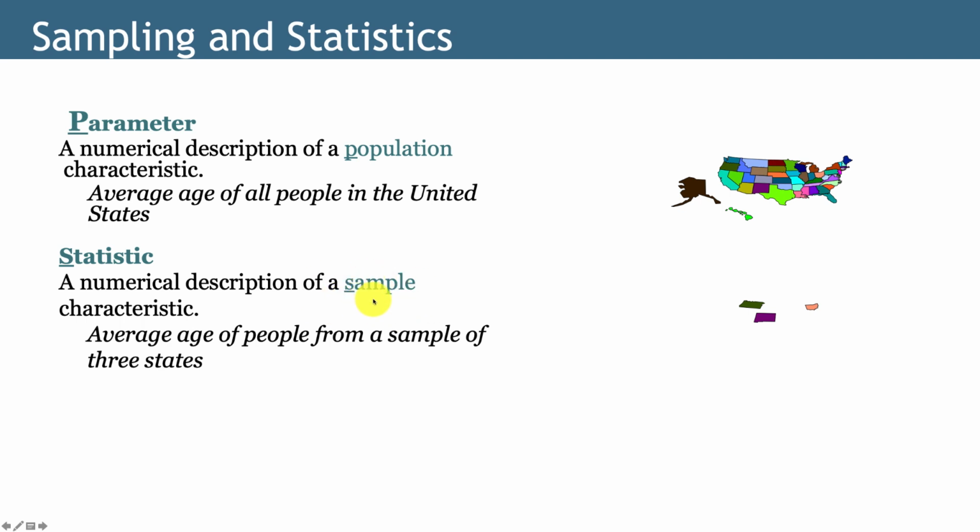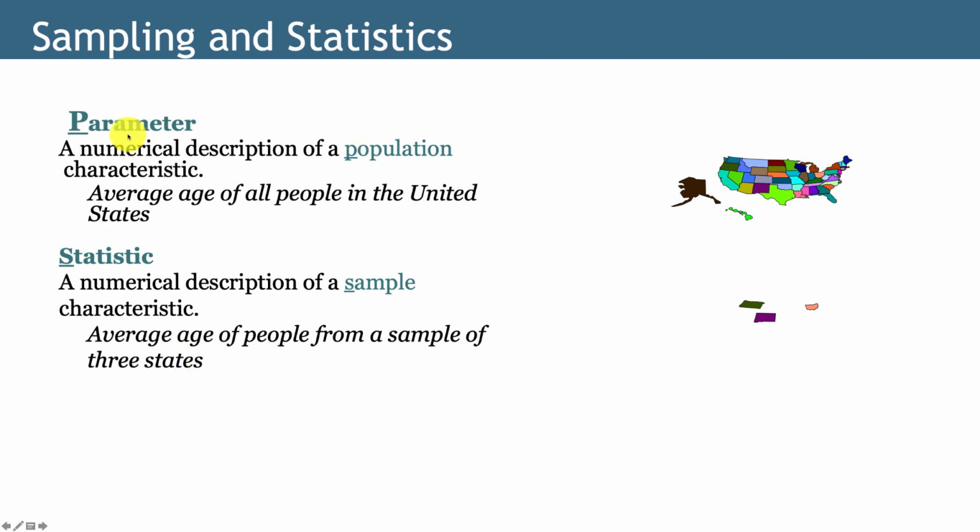A sample is just some smaller subgroup of the entire group, a smaller subset of the entire population. And when I summarize the sample, that is called a statistic. So the average age from a sample would be a statistic. If I get the median, that's a statistic, etc., etc.